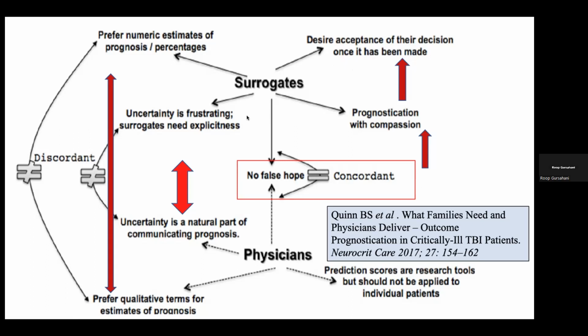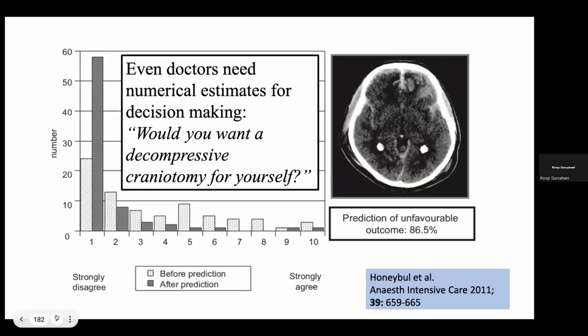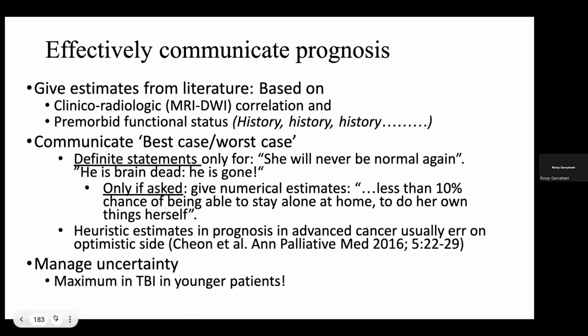Remember that uncertainty is frustrating. They need explicitness. They often want numeric estimates. Whereas from our side, we live with uncertainty. We are very comfortable with uncertainty. And we don't like making very clear-cut predictions. But there are situations where you have to.